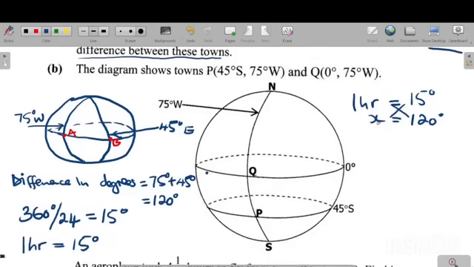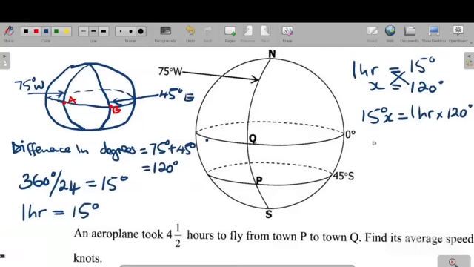When you cross multiply, we're going to have x times 15 degrees equal to 1 hour times 120 degrees. Okay? For you to find x, divide both sides of this equation by 15 degrees.